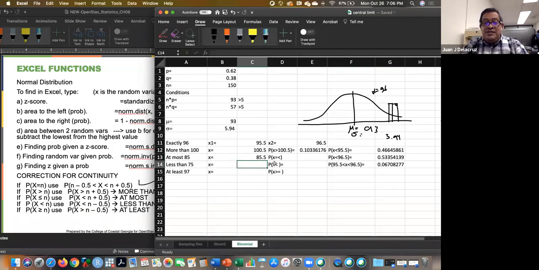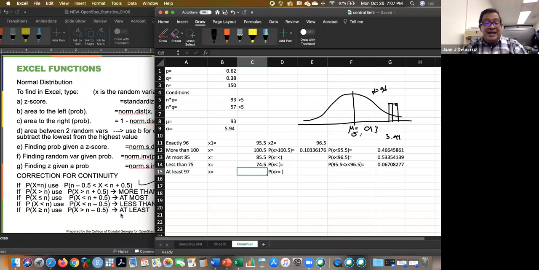So you can compute this area less than 75. Less than, I have to subtract 0.5. So it's gonna be 74.5, right? So if it says less than, I have to subtract 0.5. So I'm gonna find this area for 75. So adjusting for continuity, the number I should use is 74.5.